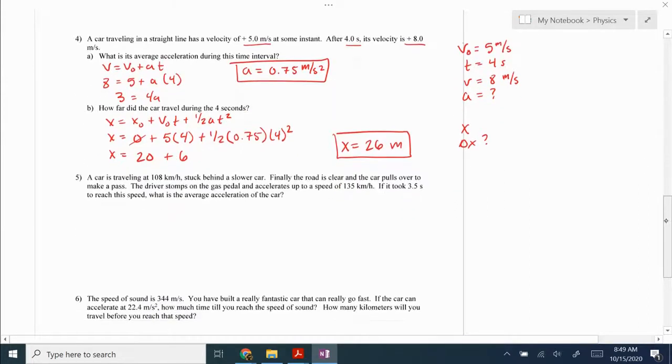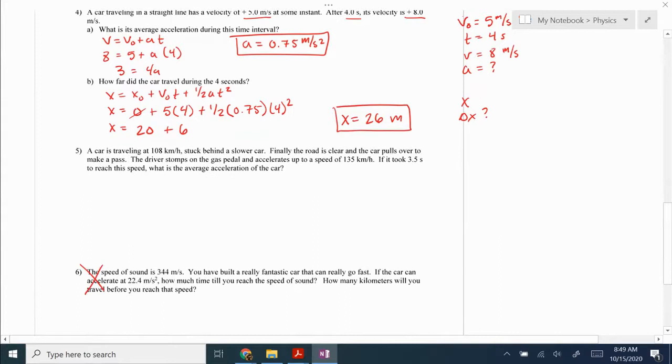All right. You did not have to do number 6. So first up, we have a car that's traveling at that speed. Let's just go ahead and switch. We got to switch that 108 kilometers per hour into meters per second. 1 kilometer is equal to 1,000 meters. 1 hour.